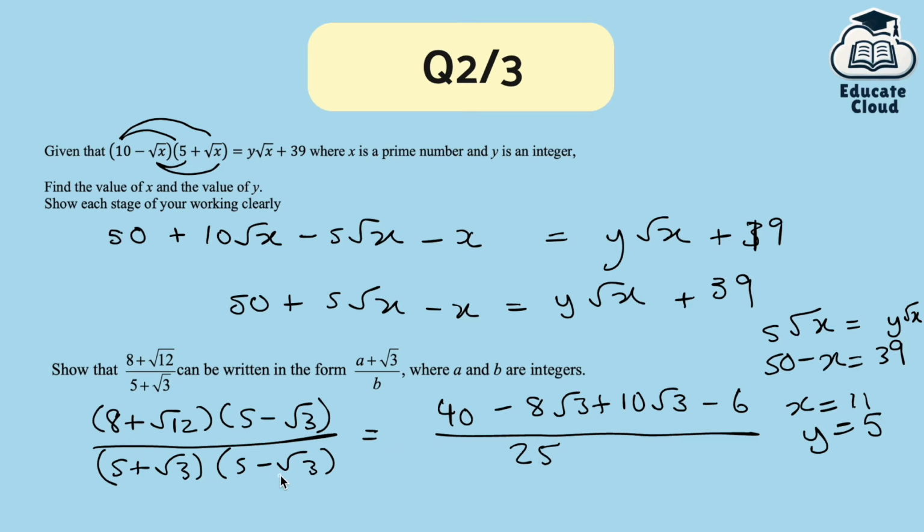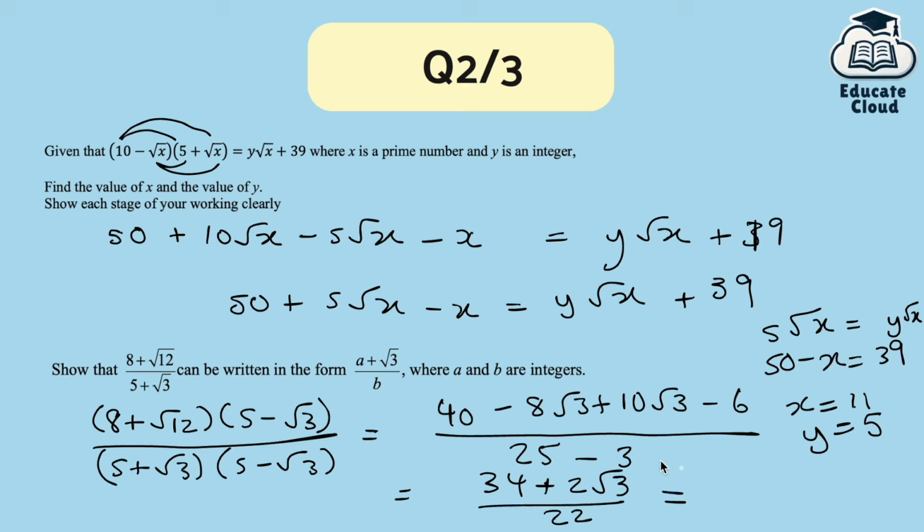Now the minus 5 root 3 and the plus 5 root 3 cancel, and so you'll be left with minus 3 on the bottom, so 25 minus 3 is 22. And so you will get 40 minus 6 is 34, minus 8 root 3 plus 10 root 3 is just plus 2 root 3, and then over 22.